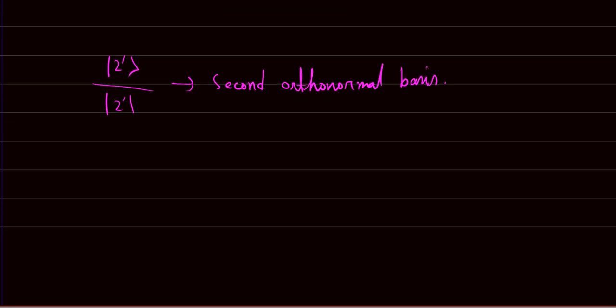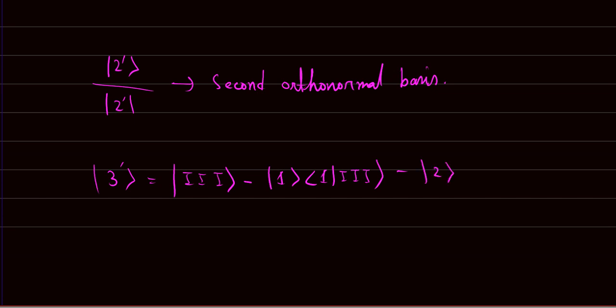And for the third one, we can define this. You can check for yourself that this new vector is orthonormal to this vector and also orthonormal to the number 1 vector.